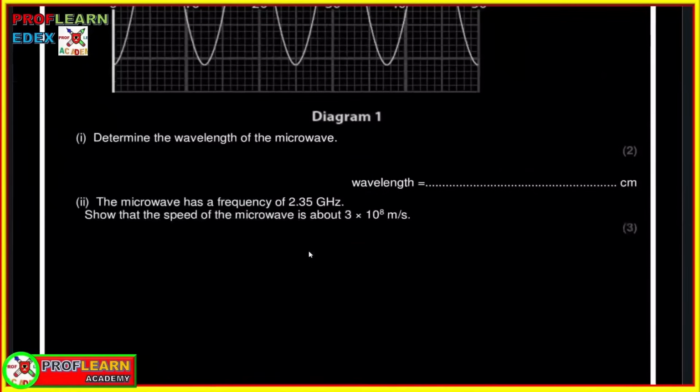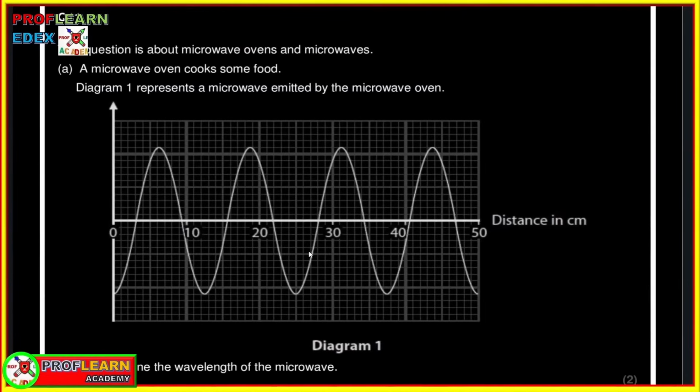Let's change gear and look at the concept of the electromagnetic spectrum. Remember, the electromagnetic spectrum is a family of waves which are arranged in the order of increasing frequency or decreasing wavelength.